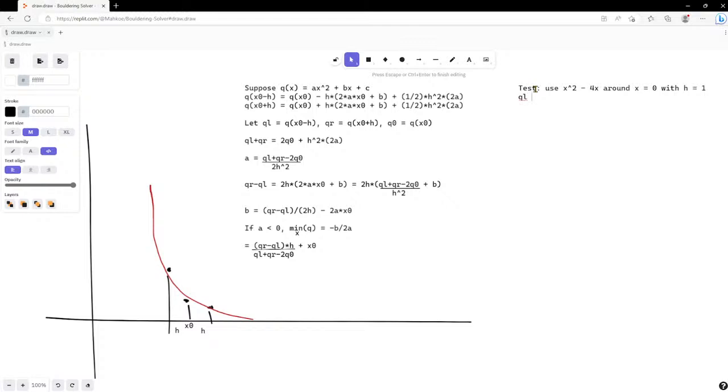So QL is equal to negative 1 squared minus 4 times negative 1. So that is 1 minus negative 4 is 5. Q0 is equal to 0. QR is equal to 1 squared minus 4, which is negative 3.